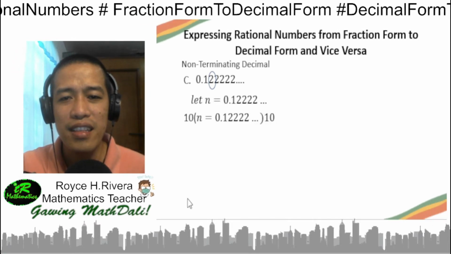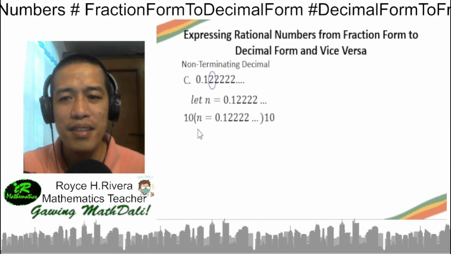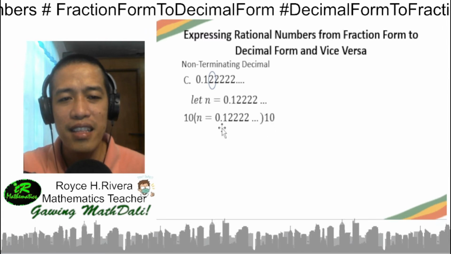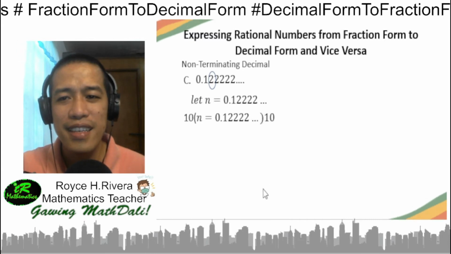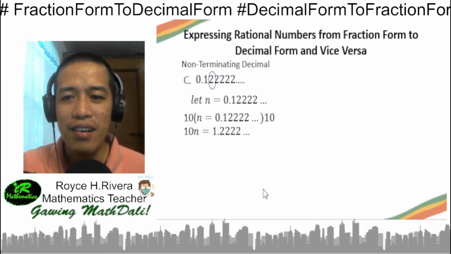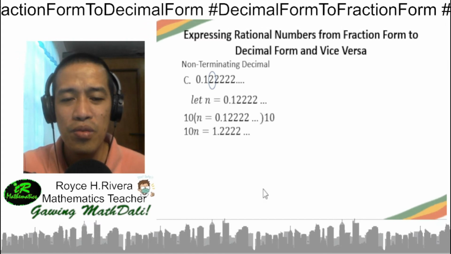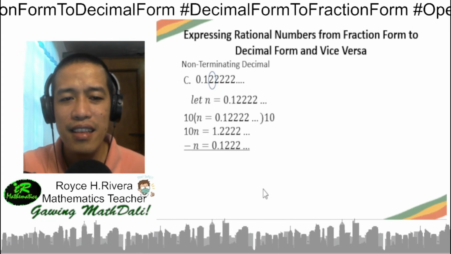And 10 raised to 1 is equal to 10. We now get the product of 10 times n and 10 times the non-terminating decimal 0.122222. We will get the product of 10n is equal to 1.2222, and subtract that by n.